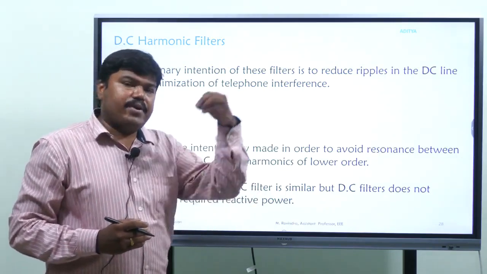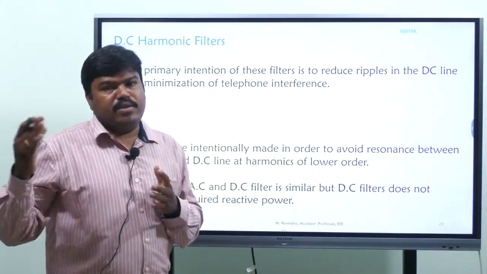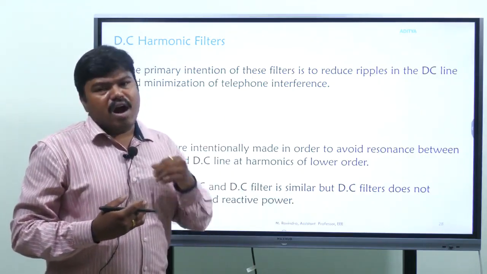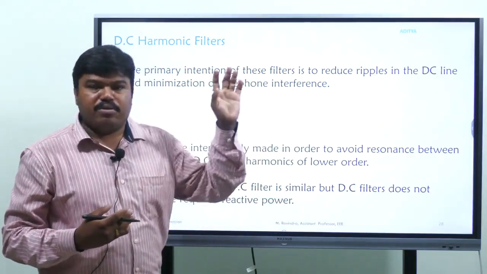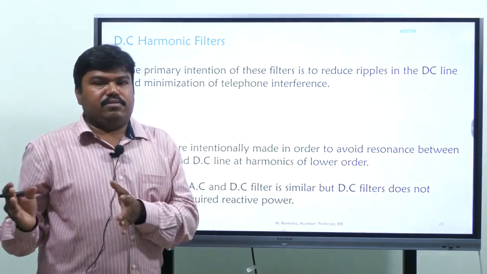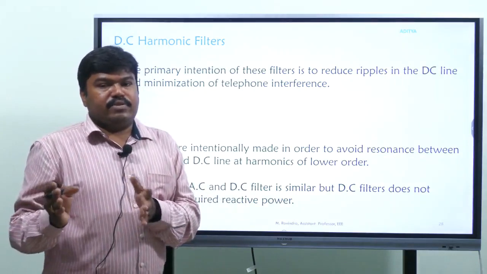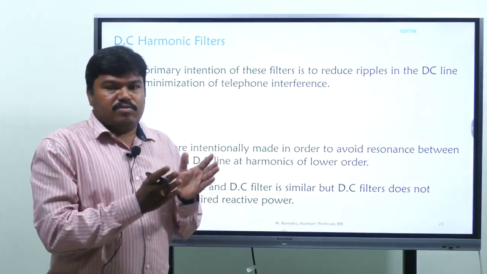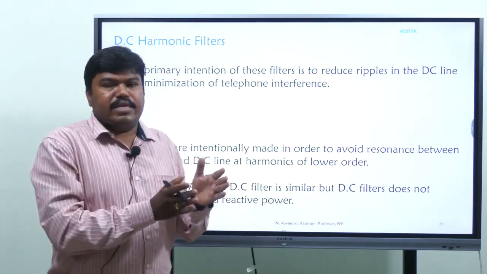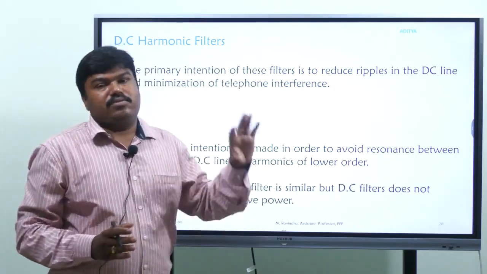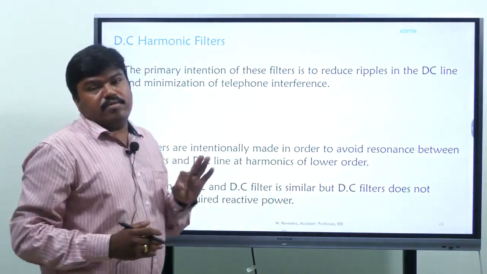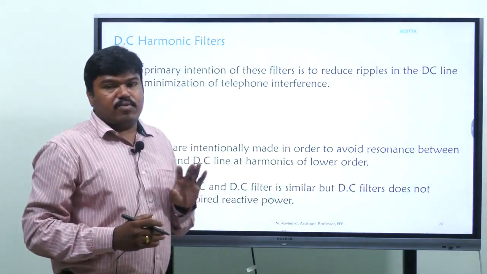All higher order harmonics can pass through a high pass filter. A band pass filter allows a certain range of frequencies, for example between 17 to 30 or 30 to 40. These are the three general types of filters we have discussed.